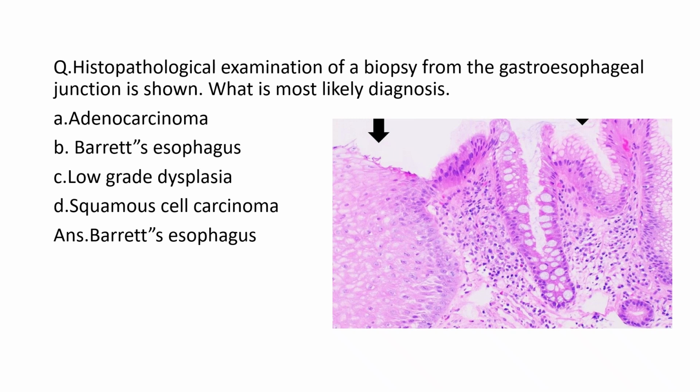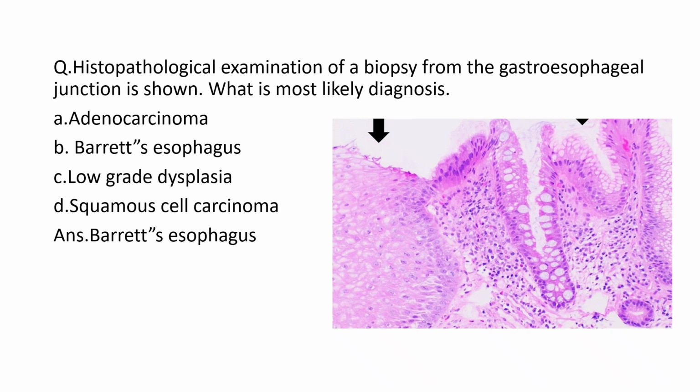It can't be adenocarcinoma, because in adenocarcinoma there should be glands, dysplastic glands. Low-grade dysplasia is not present here, and low-grade dysplasia is usually not diagnosed because it is a very minute change.